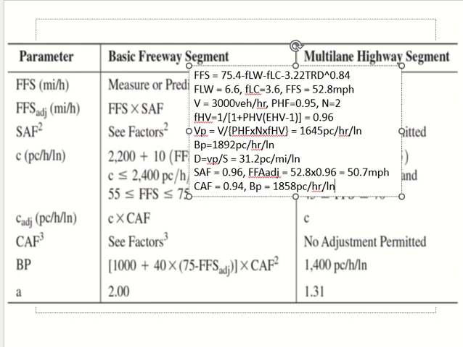My VP is still the same. Okay, break point has reduced slightly. It was 1892, now it is 1858. So reduced, right? But compared to VP it is still higher, right?